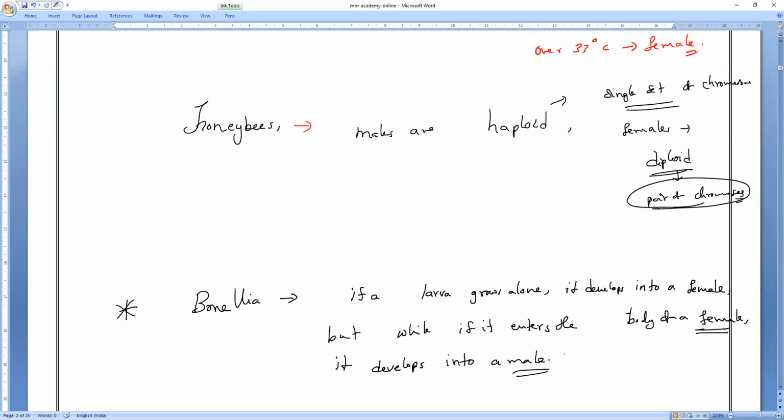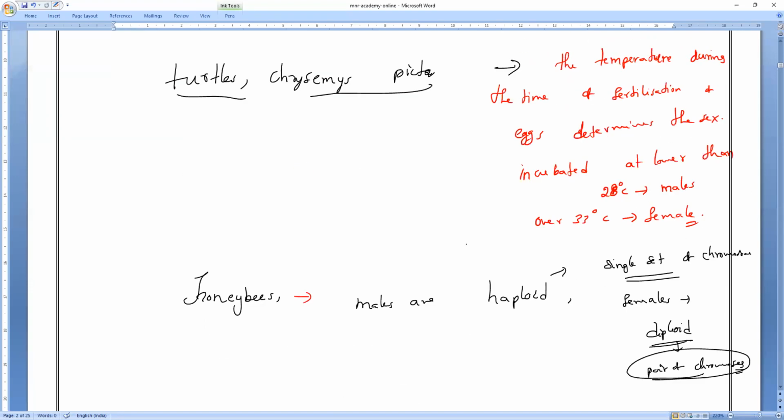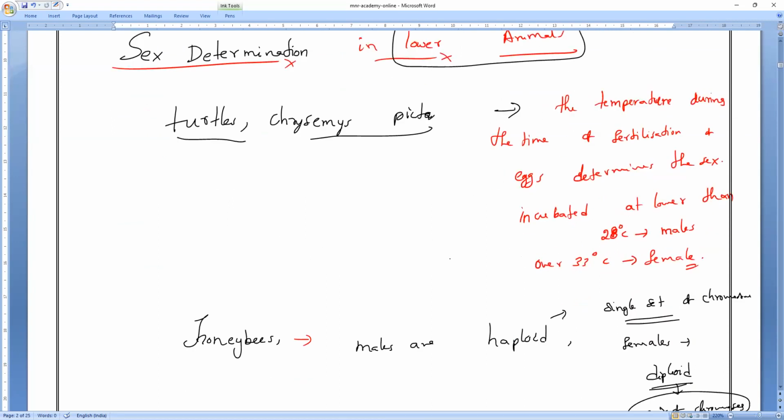You can see that male or female is decided by the parents' chromosomes only. In many cases, in these lower order organisms, sex determination is based upon environmental conditions.